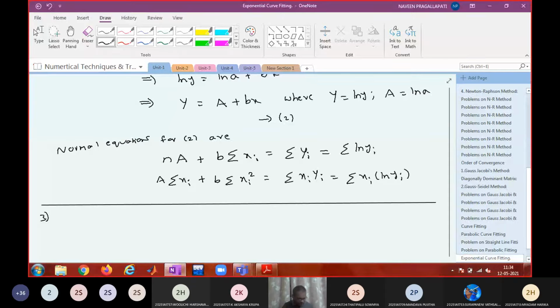Okay, so take the problem: fit a curve of the form y equal to a e power bx to the following data.